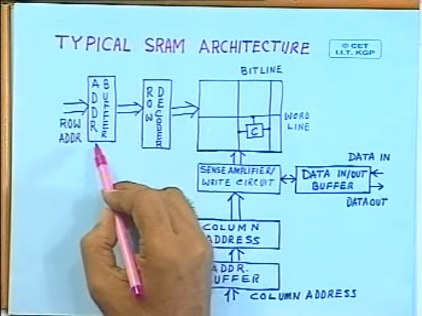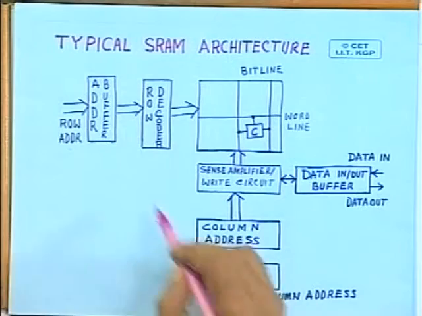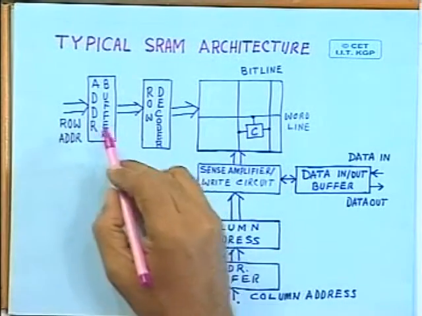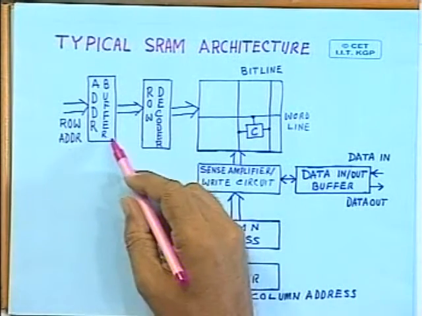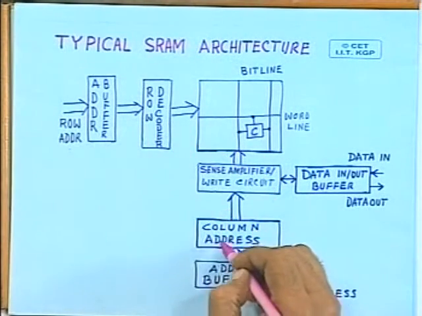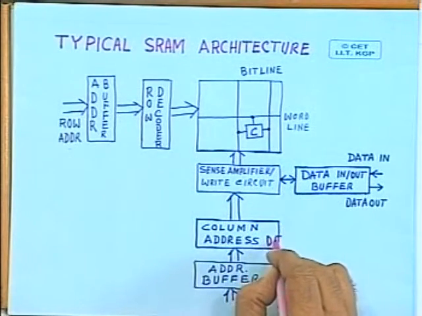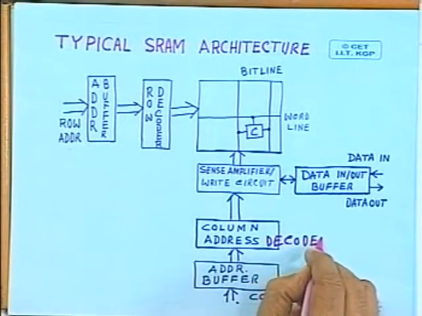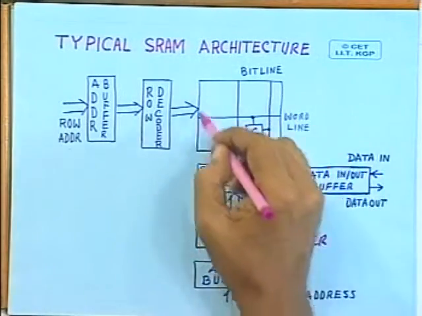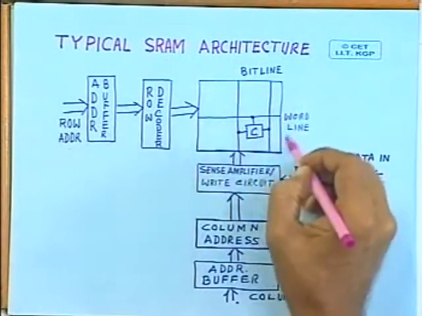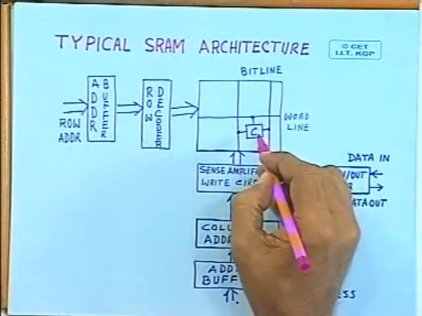So here the row address, and we apply the column address here. The total address lines are divided into two parts. Then the address buffer is used for both row and column, and then they are decoded. They are decoded here, column address decoder, and here it is row address decoder. And after decoding, we apply it to the memory cells inside this particular area, the cell array we can say.